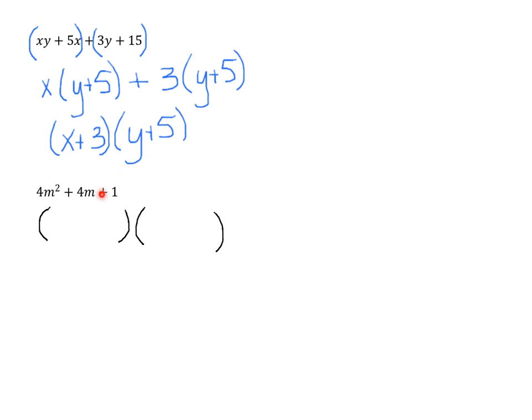And then b squared is 1 squared. So here's what that's going to look like. I have 2m and 2m, 1 and 1. If I wanted to check this, 2m times 2m, that's 4m squared, plus 2m plus 2m, that's 4m plus 1.